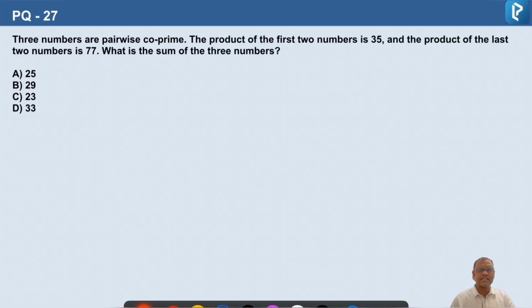Question number 27. 3 numbers are pairwise co-prime. The product of the first 2 numbers is 35 and the product of the last 2 numbers is 77. What is the sum of the 3 numbers? Let us assume the 3 numbers be x, y and z.